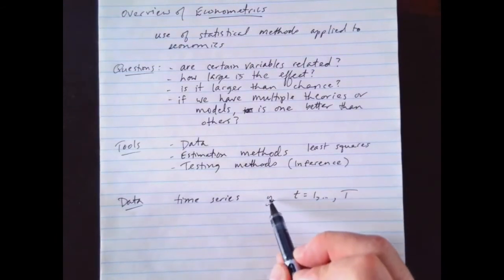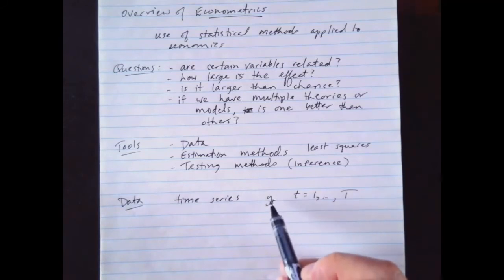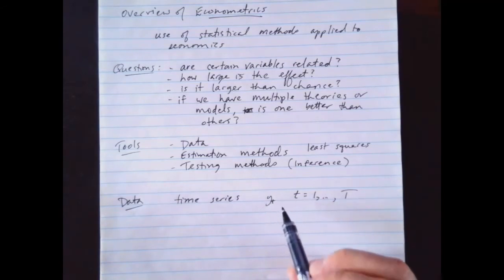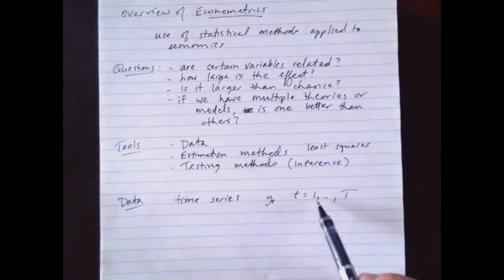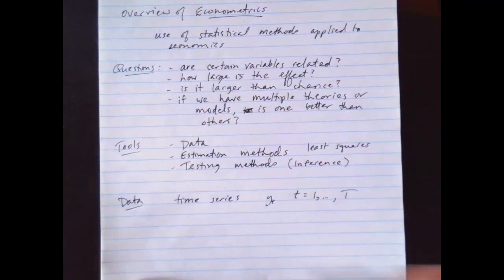So we always give variable names. We use letters, usually X and Y. And then there's a subscript to indicate what type of data it is. So time series, and in this case T stands for periods 1 through T. So if you've got data on the inflation rate for Canada, you might have the annual inflation rate from 1981 to 2020.